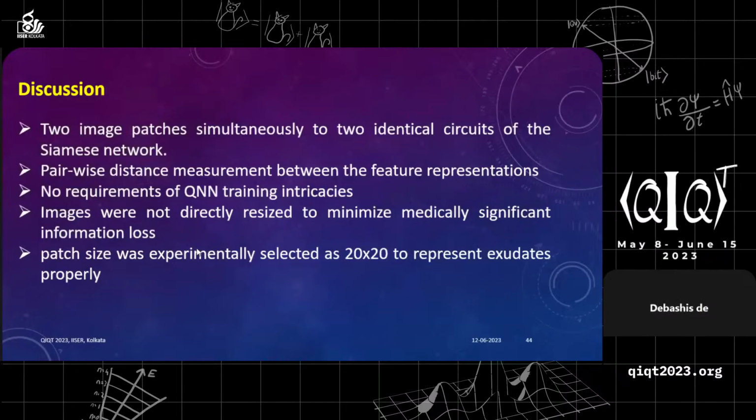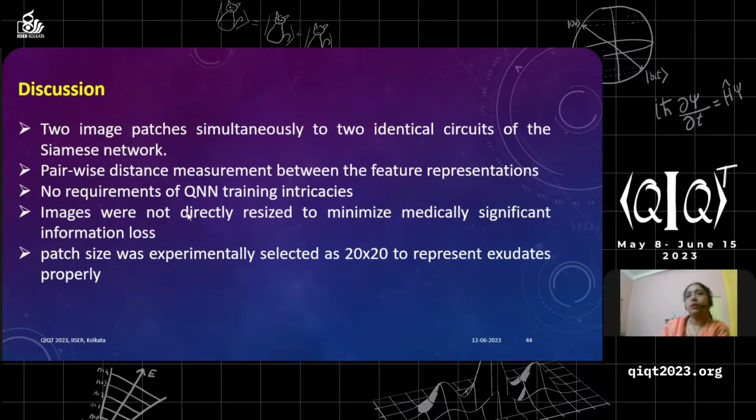Now the discussion specific to the experiment that we have executed. We fed two image patches simultaneously to two identical circuits of the Siamese network, and computed the pairwise distance between the feature representations. As per the implementation principle of the Siamese network, we did not require any quantum neural network training.